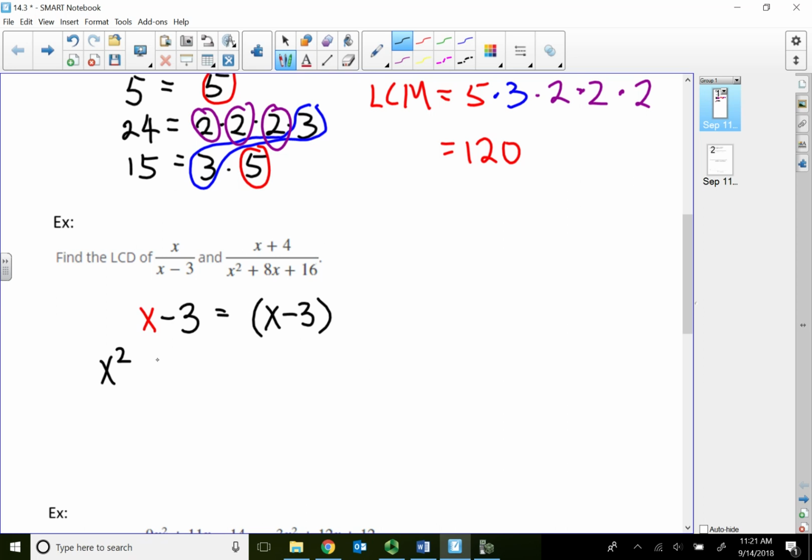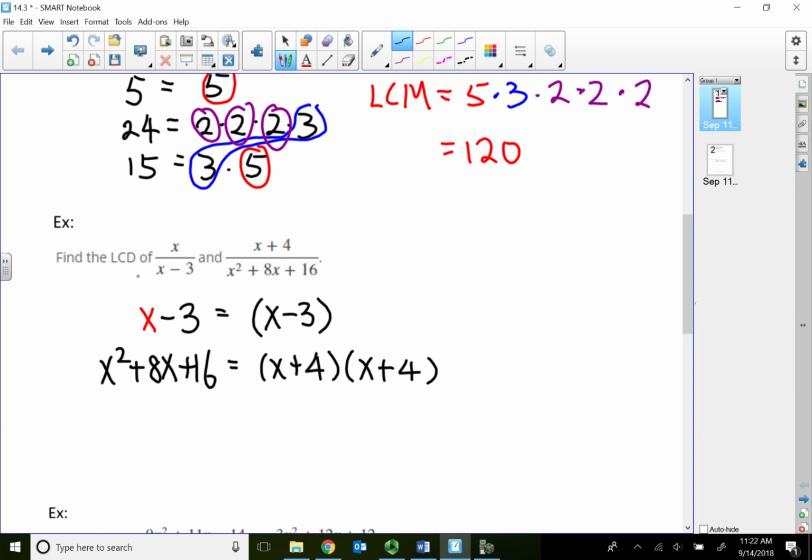The other denominator I need to factor is x squared plus 8x plus 16. This is a trinomial, so I will factor it. x and x, and for 16 I can use 4 and 4, and I believe my signs have to be both positive.